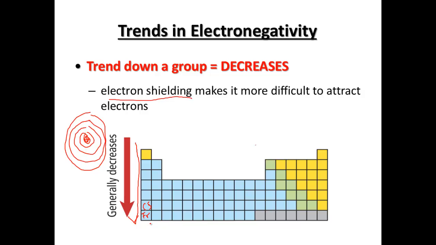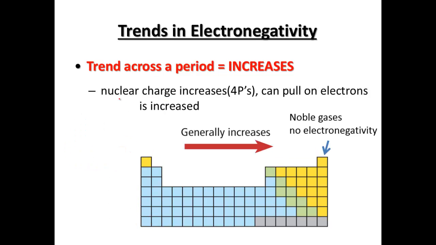And then part 2: as we go across the periodic table, there's the nuclear charge, the protons' pulling power. As you get more protons, they pull more on the atom and the electrons around the atom. So the more protons, the more they're able to pull. As we go across the periodic table, you get more protons, so they're going to pull on the electrons more.